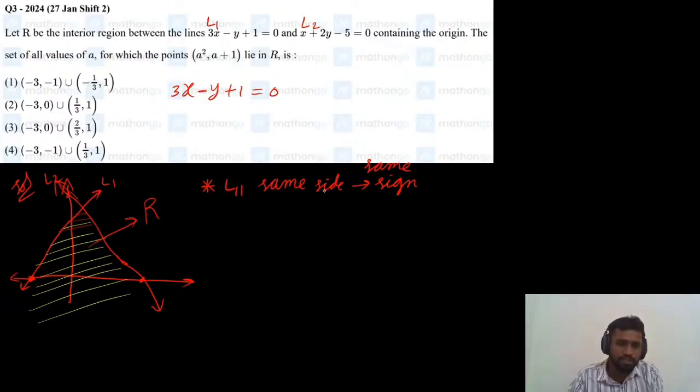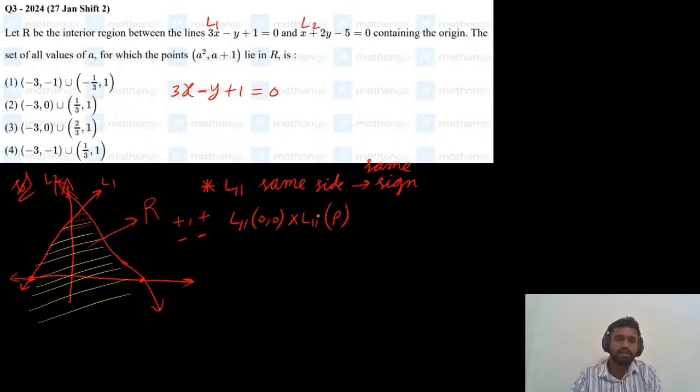If we substitute the origin in L1 and the point in L1, the sign should be the same, meaning either plus plus or minus minus. So substitute the origin in the first line, and substitute the given point P in the first line.